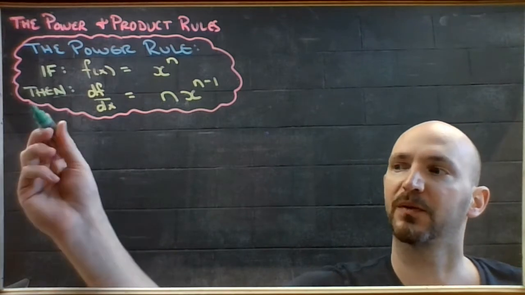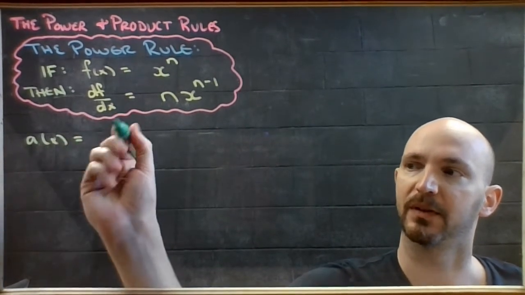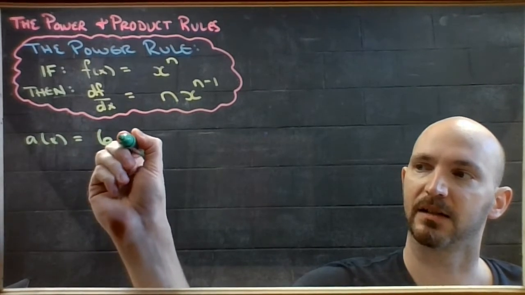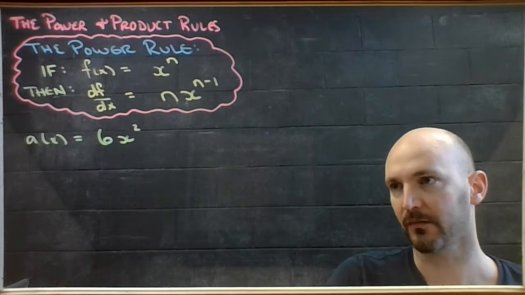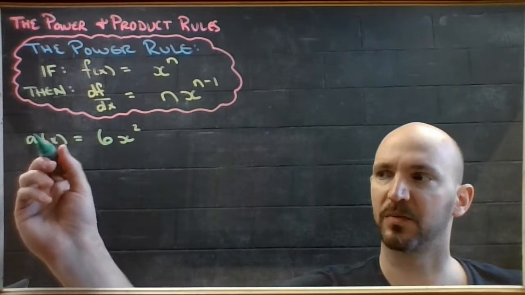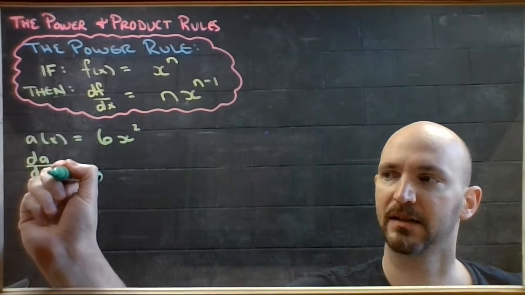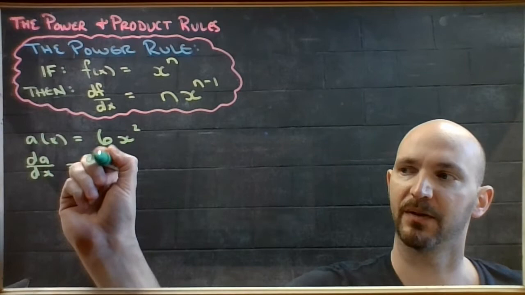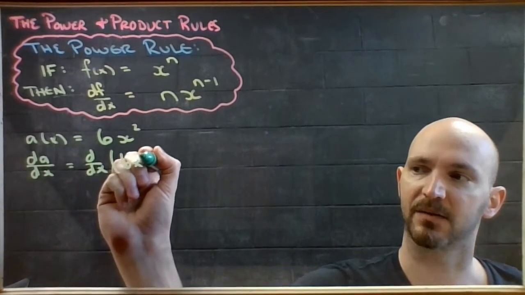So what if your function was a of x equals 6x squared? Well, I'm going to take my differential operator and apply it to a. So dA by dx equals the derivative of whatever 6x squared is.